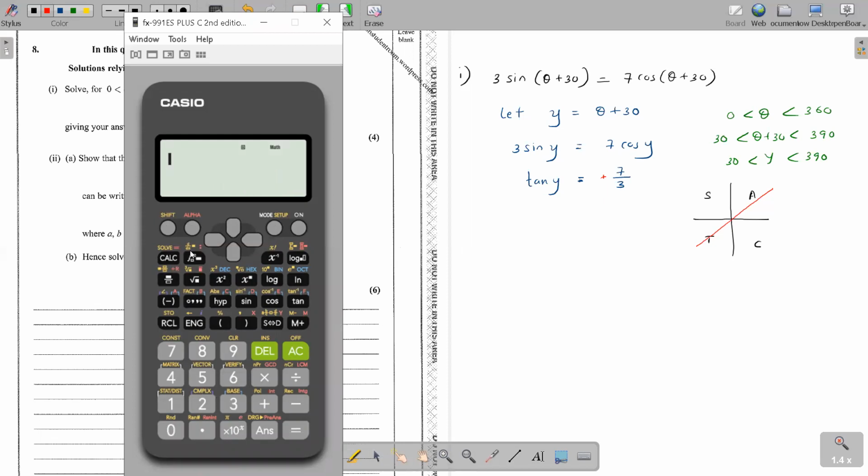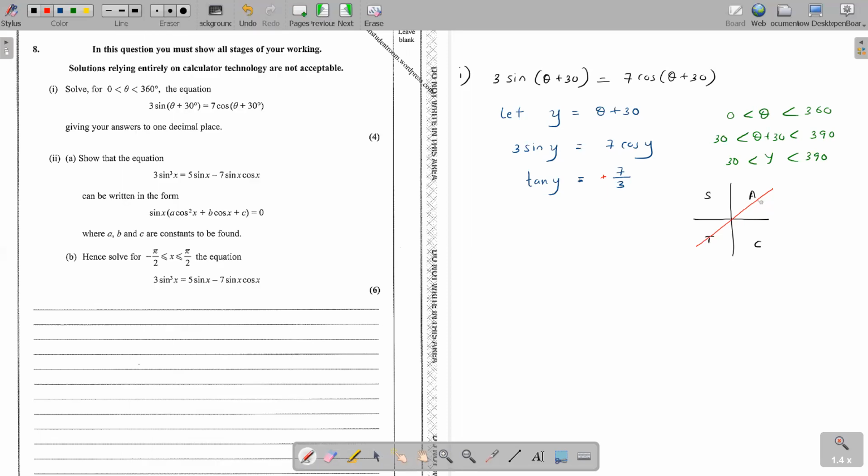So with the calculator in degree mode, let's type tan inverse 7 over 3, and we get the answer 66.801. So let me mark the acute angle, 66.801. So let's write the answers now. We have to go around starting from 30 going on to 390. So the first answer for y is 66.801.